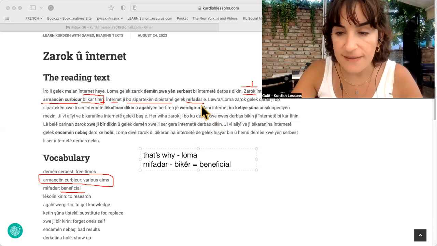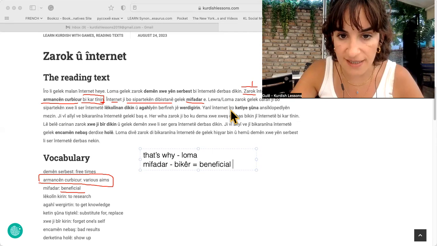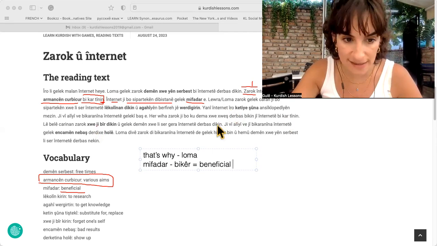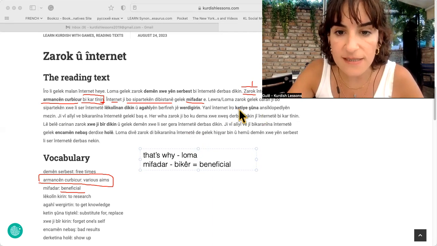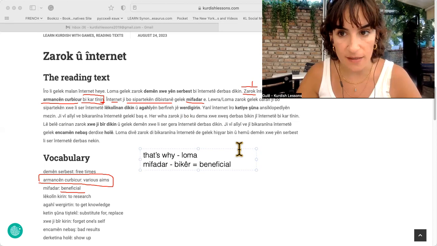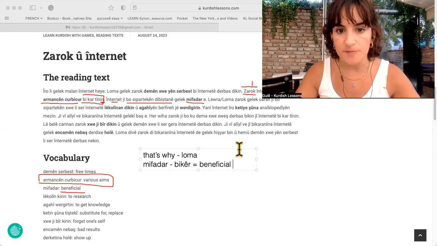Yanî, that is, yanî internet îro ketiye şûna ensîklopediya mezin. So ketin şûna literally means to fall instead of something, to fall into something's place, like to replace.